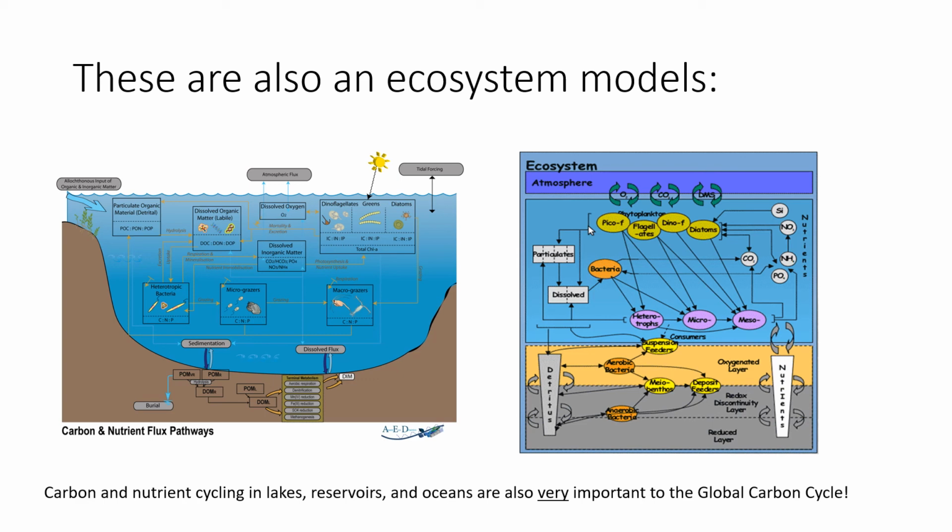So ecosystem models don't have to be land-based, but the carbon cycling is really important. Carbon cycling is not just important to the atmosphere and terrestrial systems, but carbon cycling in water bodies is also very important to being able to compute the global carbon budget and the global carbon cycling.